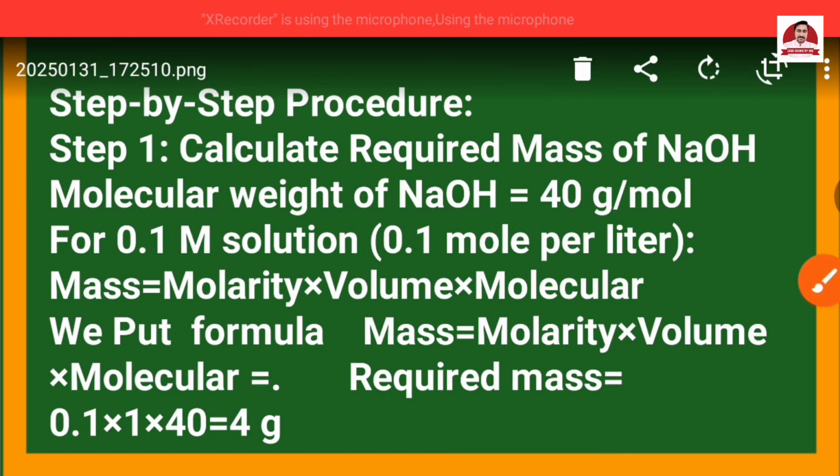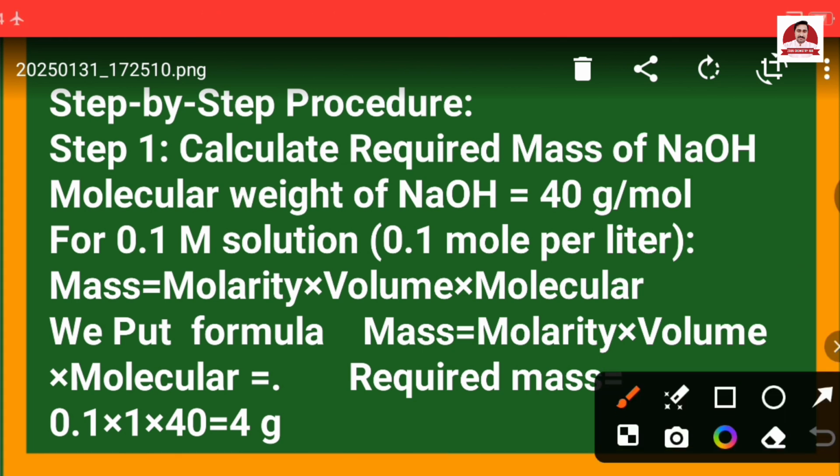Next is the procedure. In the first step, we calculate the required mass of sodium hydroxide for the preparation of 0.1 molar sodium hydroxide solution.